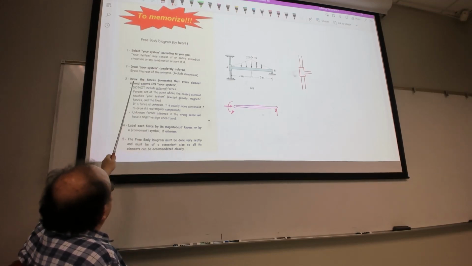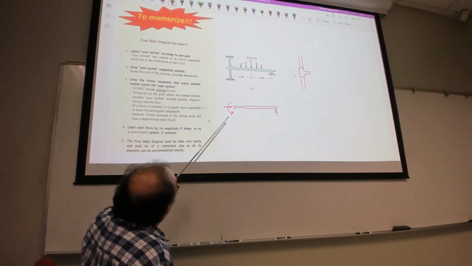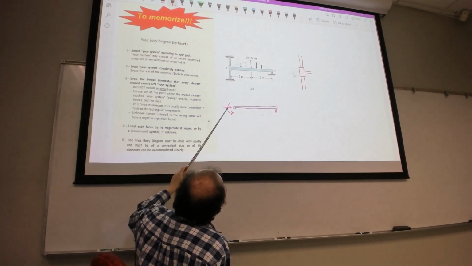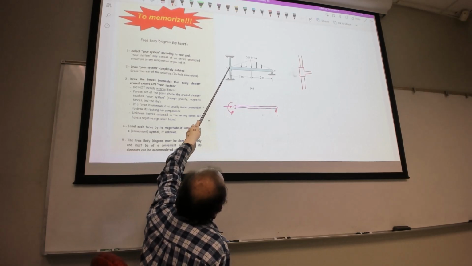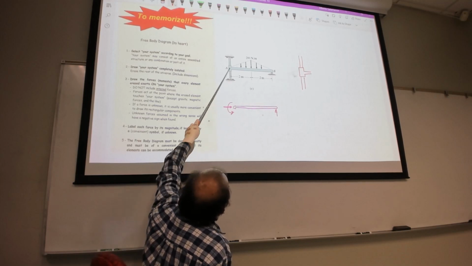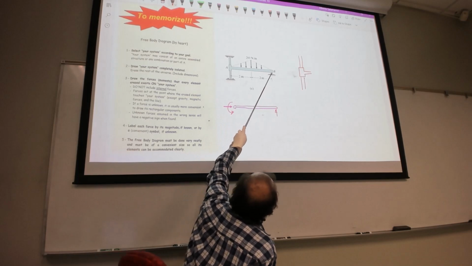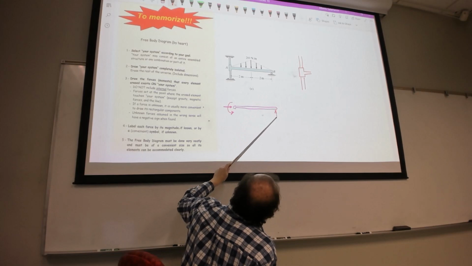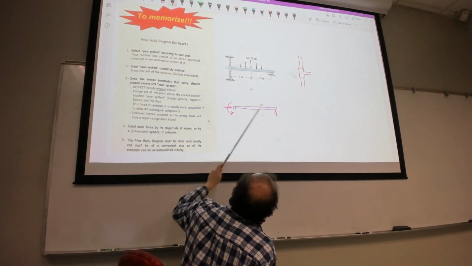The forces that we are drawing in this step, what it says here is that these elements that we erase usually apply these forces at the point of contact. So where this rod touches this collar here, that's where these forces apply. Where this little roller is touching the beam is where the force is applied. See, the force is applied right here. That gives you a hint where to draw the forces.